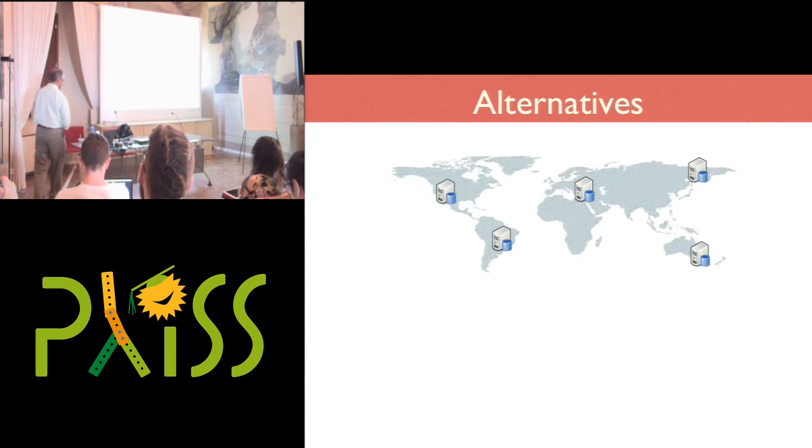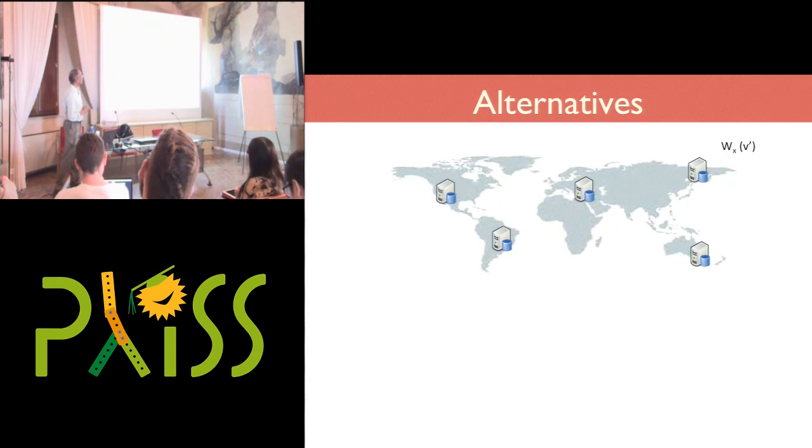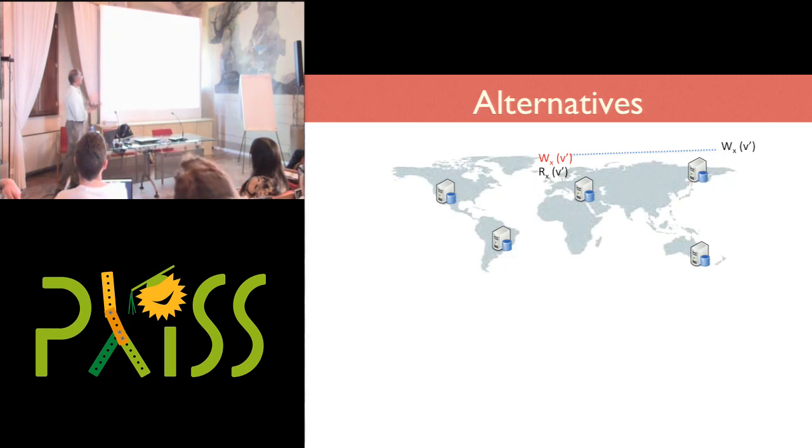So let me show you a little cartoon that explains how this might work. I might do a write of v prime to x over on the right, and I might choose to propagate that write to some other replica. That replica has computations running on it, and as a consequence of that write being propagated, it might read that value. That's very reasonable.